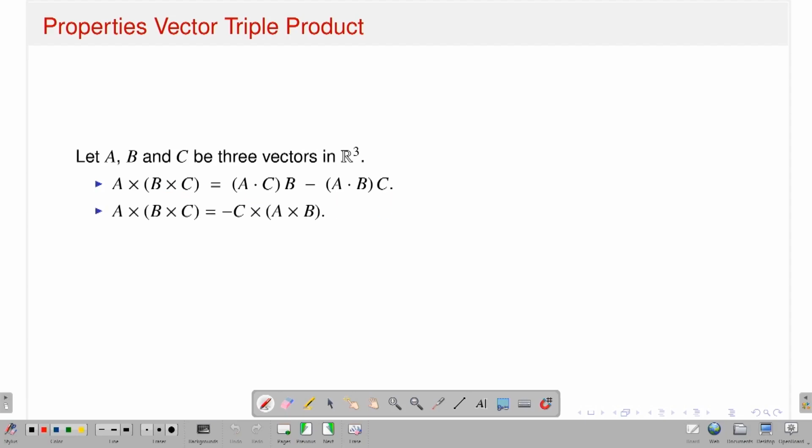In A cross B cross C, B cross C is first within the bracket, first operation, then this is equal to the cross product of minus C with the vector A cross B. So, because of this, using this first property, I can get the third one.